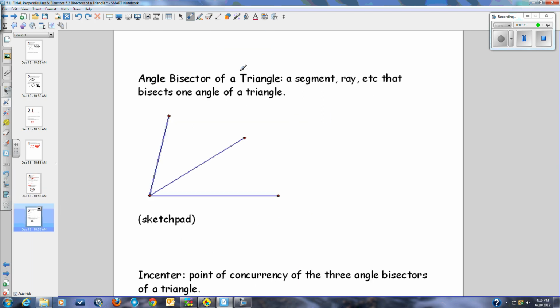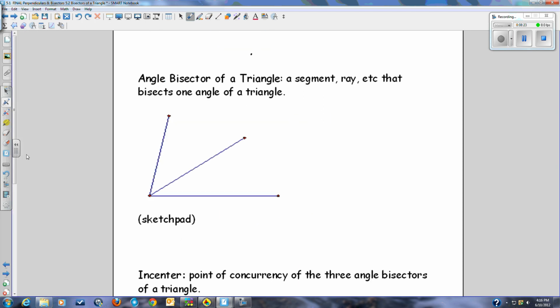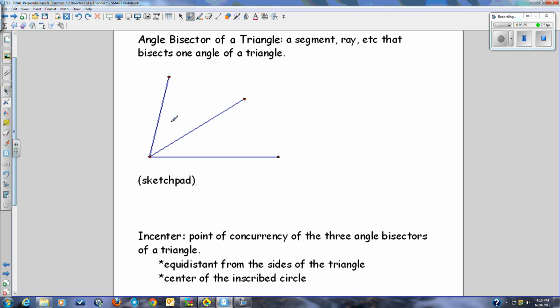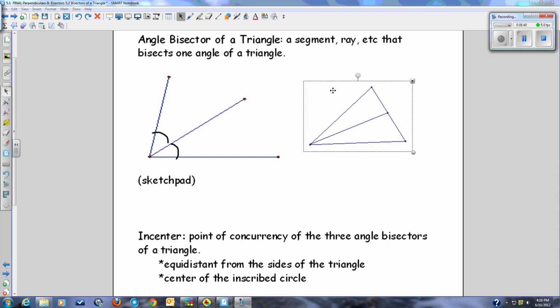Moving on. The angle bisector of a triangle is a segment or ray that bisects one angle of a triangle. It makes it into two smaller equal angles. So maybe what I should have been more careful saying is, here is an example of an angle bisector.